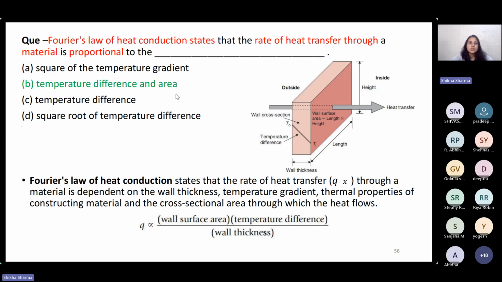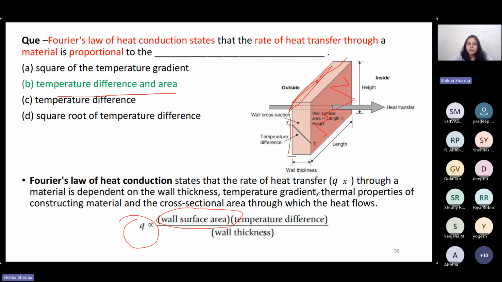So the temperature difference and the area. Fourier's law of heat conduction states that the rate of heat transfer, Q, is directly proportional to the surface area, the area from which the heat is transferred.